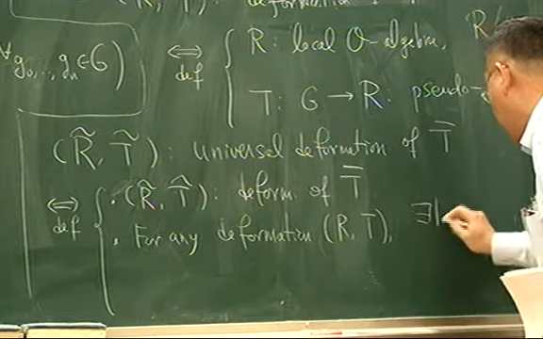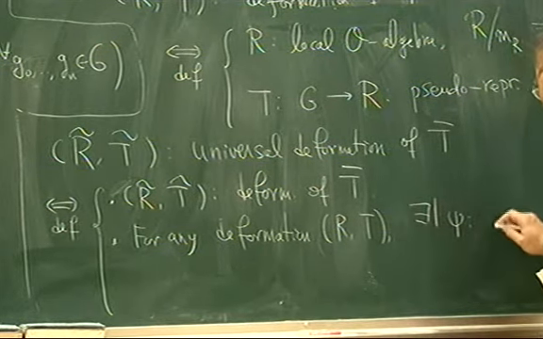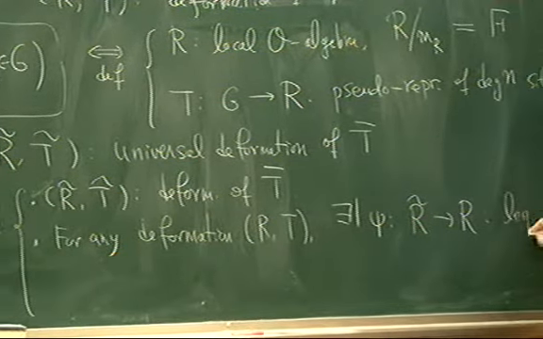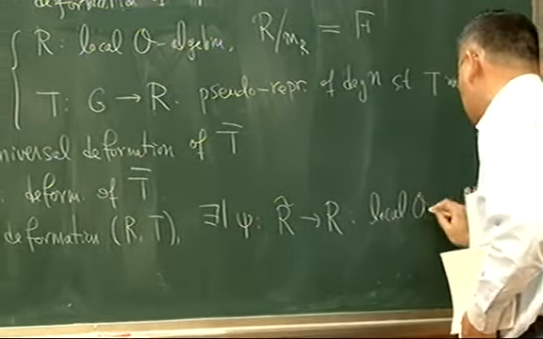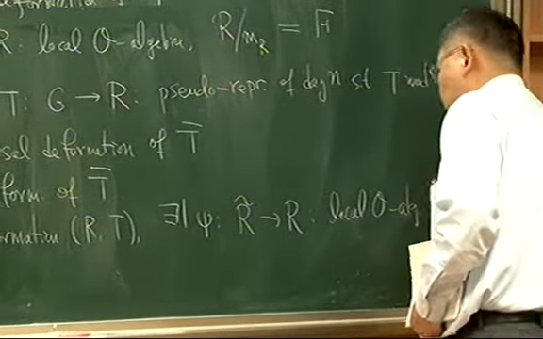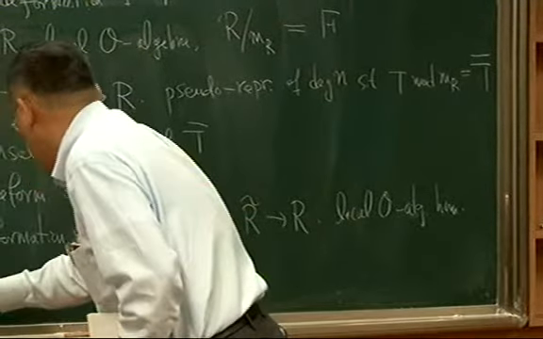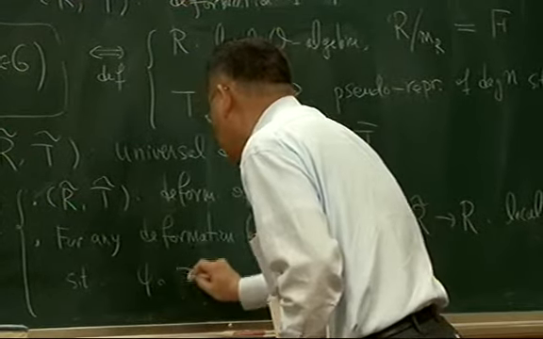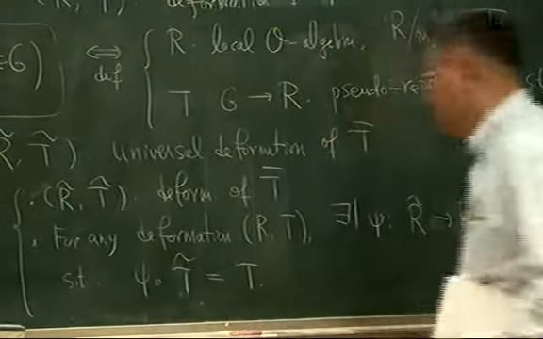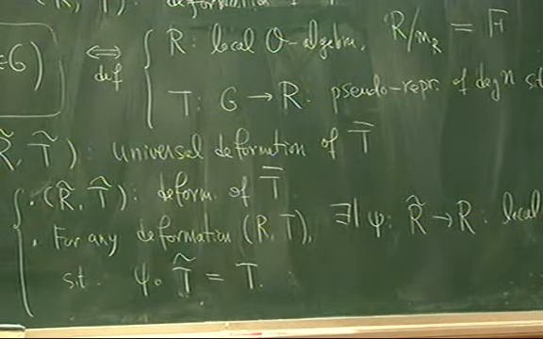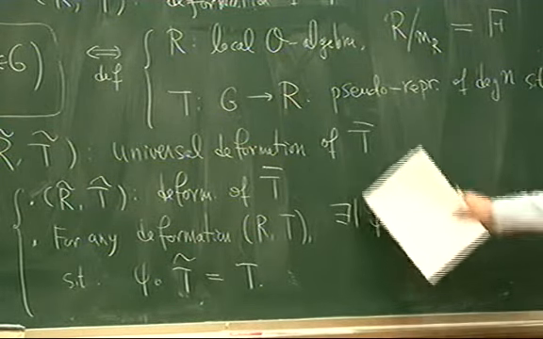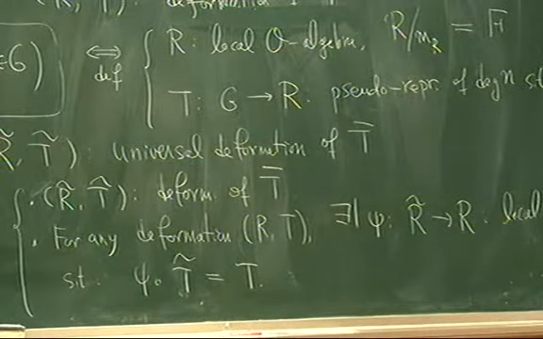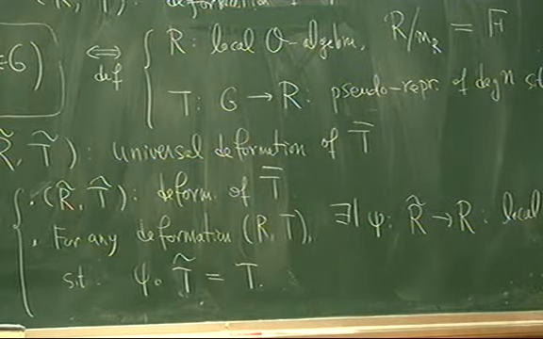There exists a unique local O algebra homomorphism phi such that phi composed with T tilde is T. So the universal deformation is just a universal one among all deformations of pseudo representation. Okay.